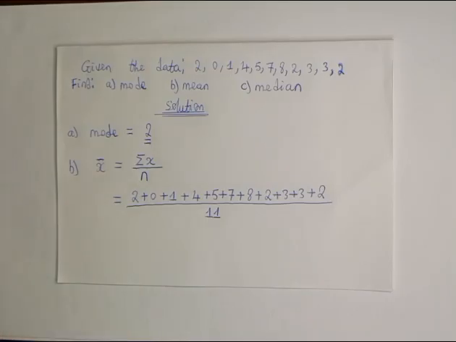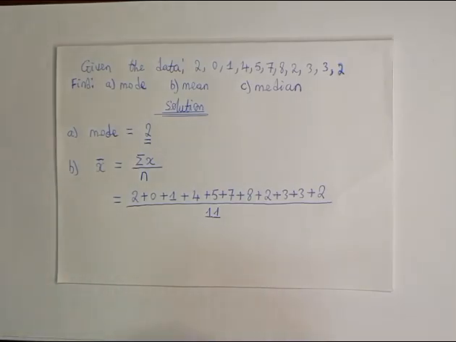Now, making use of our calculator, we take 2 plus 0 plus 1 plus 4 plus 5 plus 7 plus 8 plus 2 plus 3 plus 3 again plus 2.